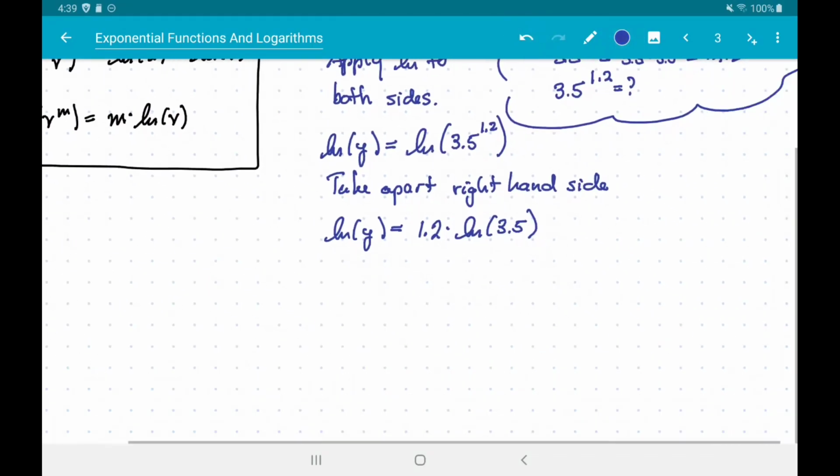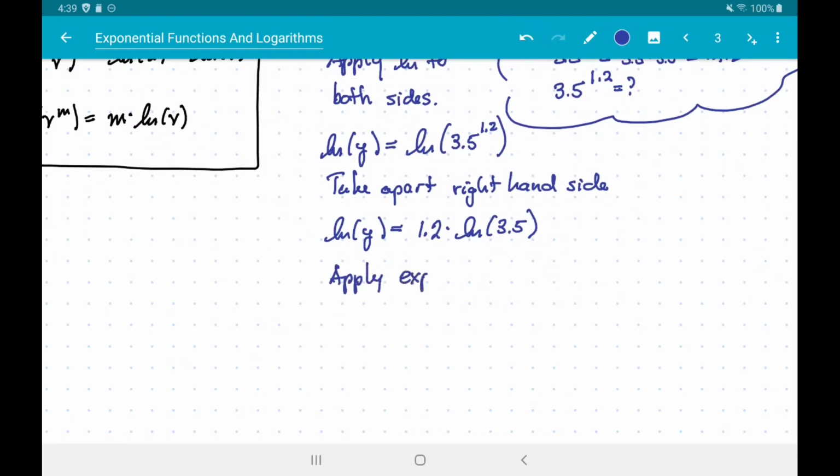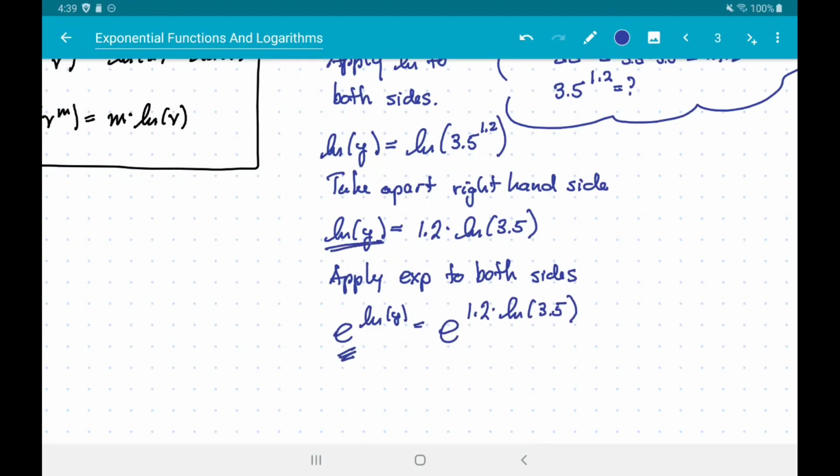Now I'm going to apply the natural exponential function to both sides. I'll do it in 2 steps just so that you see everything that's happening here. What I've done there is say that e to the left is equal to e to the right.